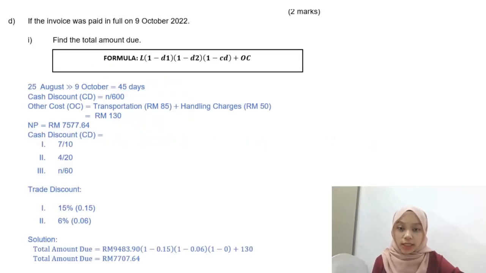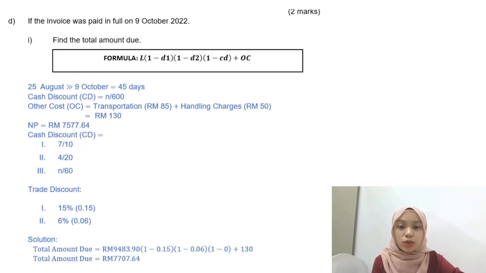Question D1. If the invoice was paid in full on October 9, 2022, find the total amount due. For this question, I use the formula L(1 - d1)(1 - d2) minus cash discount plus other costs. 25th August until 9 October is equivalent to 45 days.